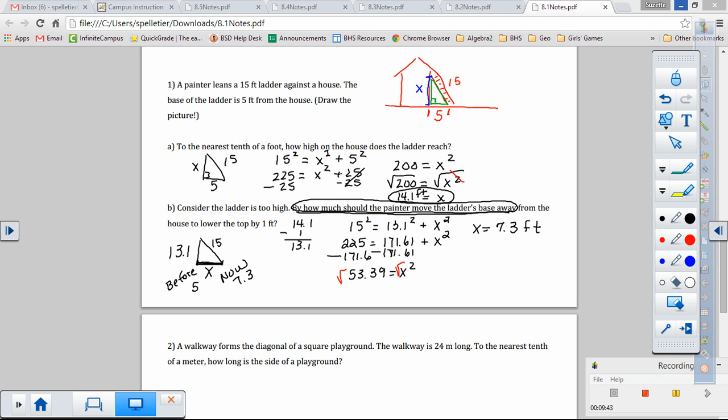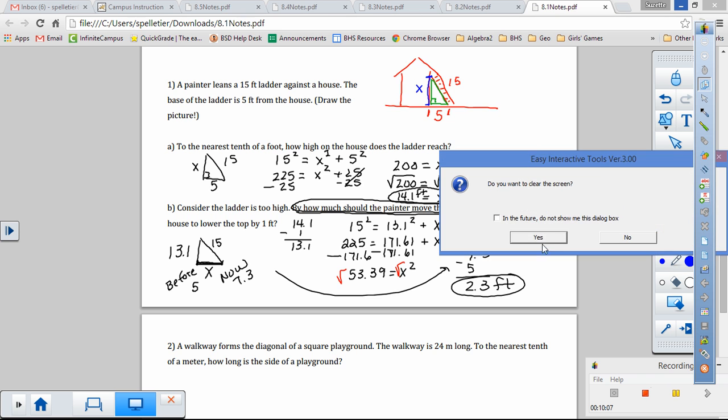So how much did we move the ladder? So you have to do 7.3 minus 5, and you get 2.3 feet. That's how much he moved the ladder. Okay? So you have to read that question very carefully. It wasn't asking you for the new base, it was asking you for how much did it have to move it. All right?